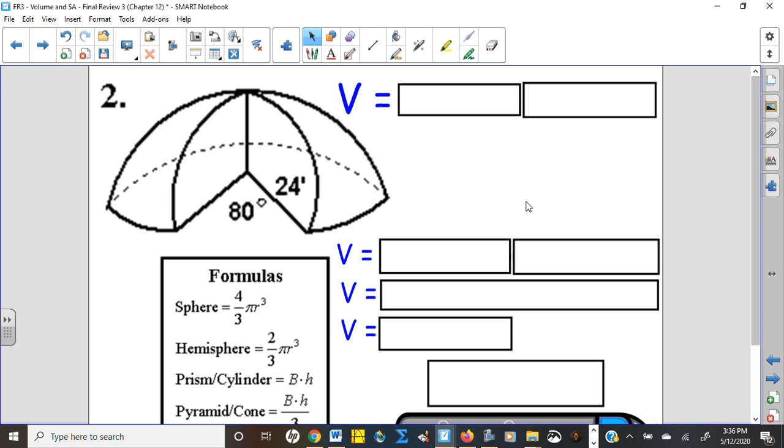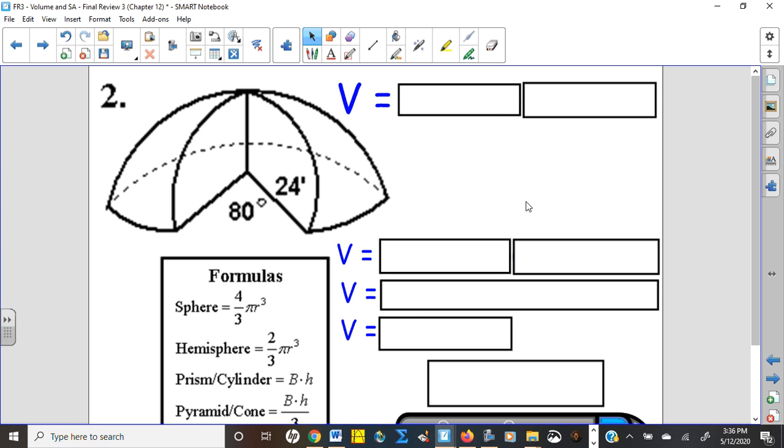Next, we have a piece of a hemisphere, right? I guess I'd call this a sector of a hemisphere. We're not going to ask a surface area problem on this. You could do it, but it would be a little bit tricky. It would be the 2/3 pi r cubed, but then multiplied by the fraction of the hemisphere, so 280 over 360.